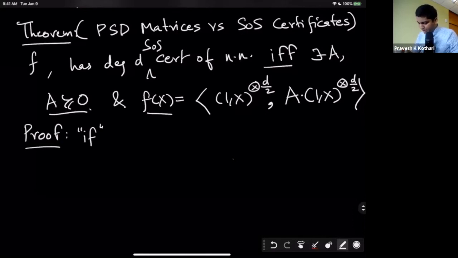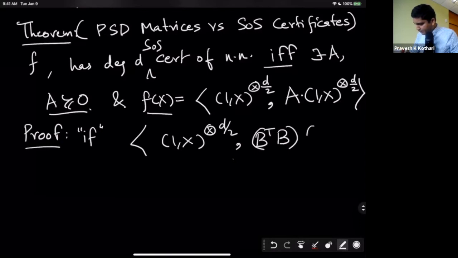So I can write (1, x)^(⊗d/2) B transpose B (1, x)^(⊗d/2). And now I'm just going to take the adjoint representation. So I'm just going to move this B transpose around to the other side.